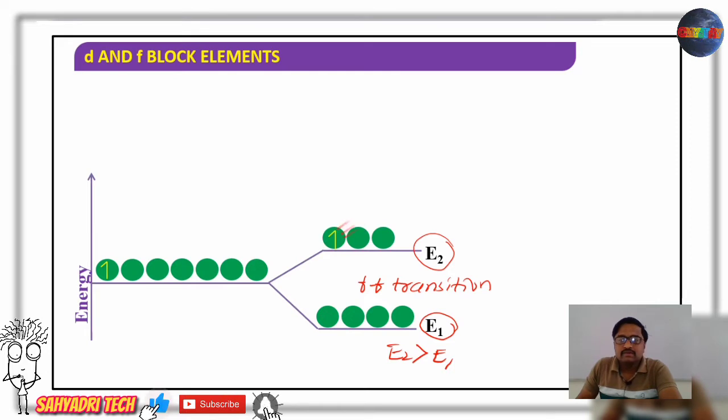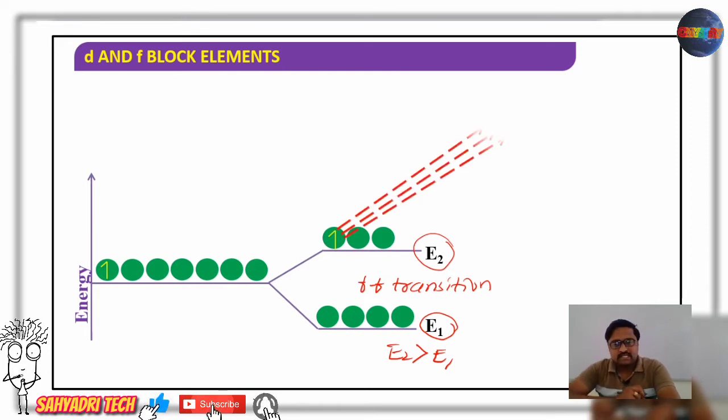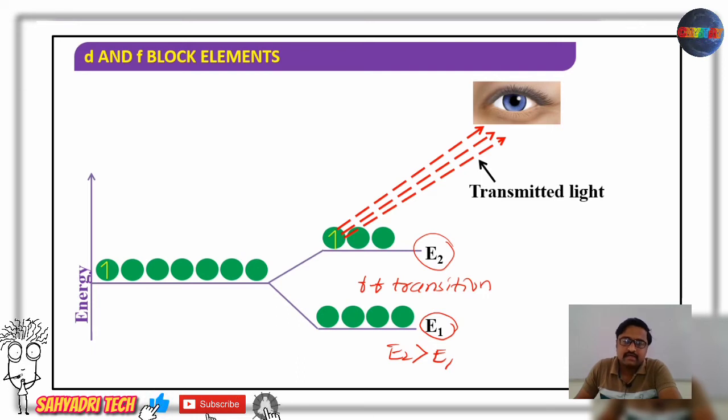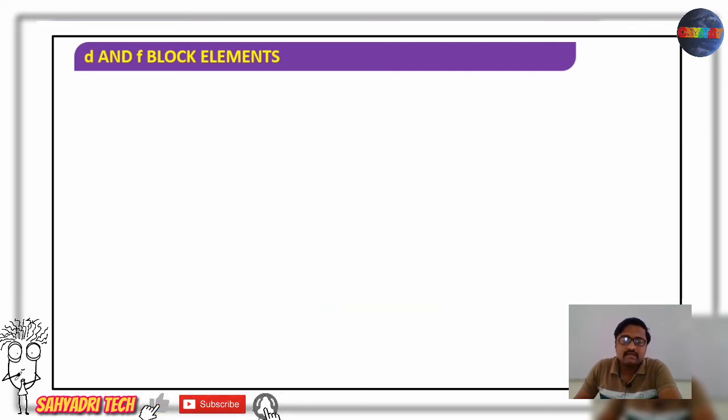Again the same concept: due to being unstable, the electron comes back to the ground state by transmitting energy, that is transmitted light. The transmitted light gives color to that object. You got it? So f block elements and their compounds also exhibit color, and that color is due to f-f transition.